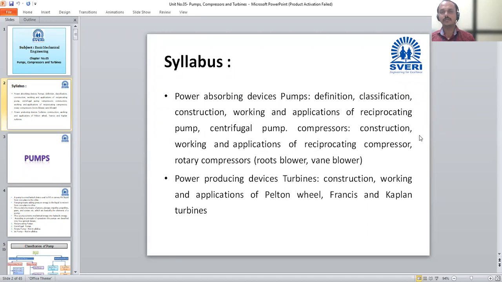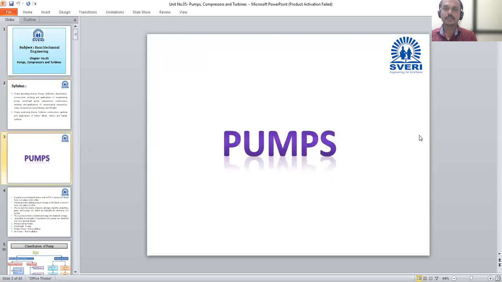Some devices are power absorbing devices and some are power producing devices. Pumps and compressors are power absorbing devices, and turbines are power producing devices. So only the introduction, that is construction and working diagram, we are going to cover here. Okay. So first one is the pumps.